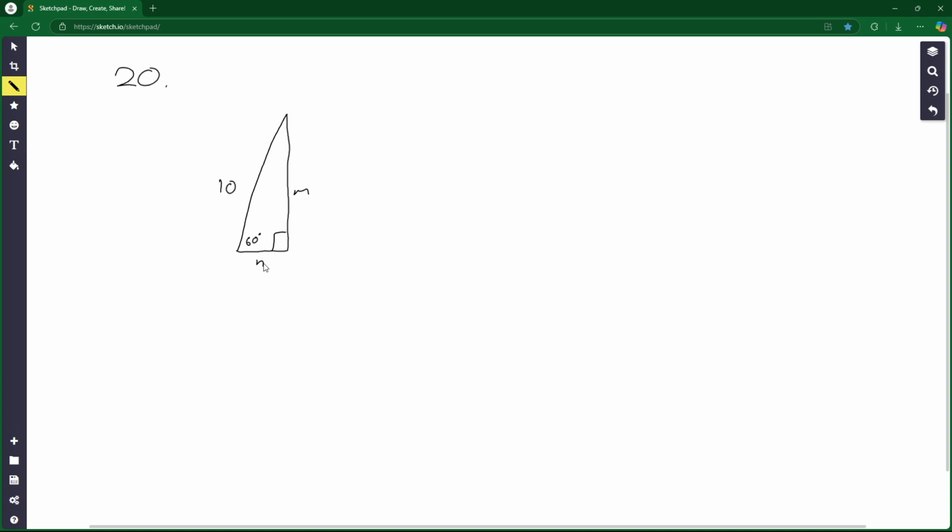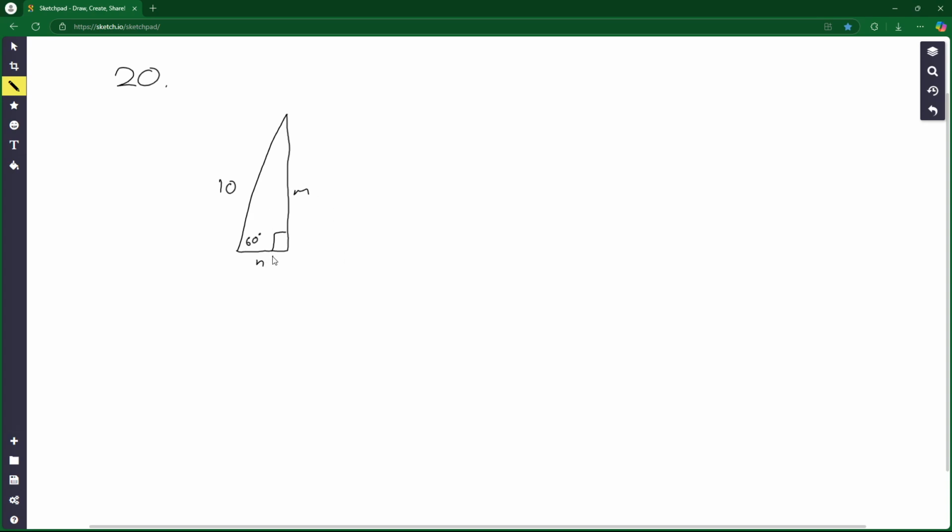So our short leg here, or let's go ahead and start off with 10. The hypotenuse is going to equal 2x, meaning n. Okay, my headphones decided to just power off there.